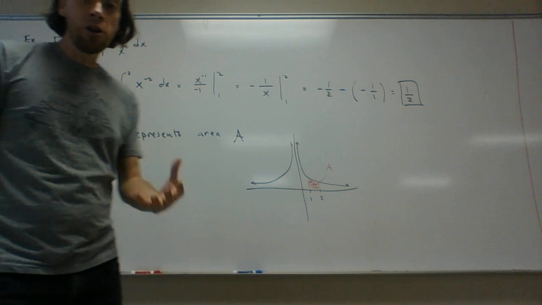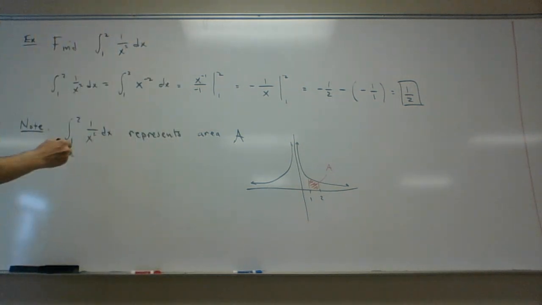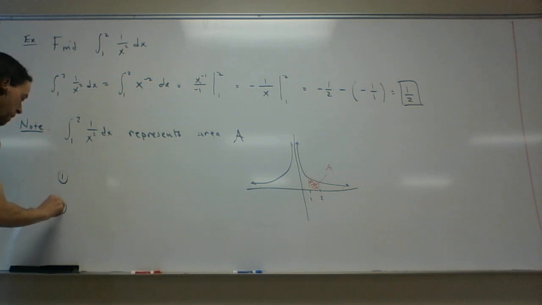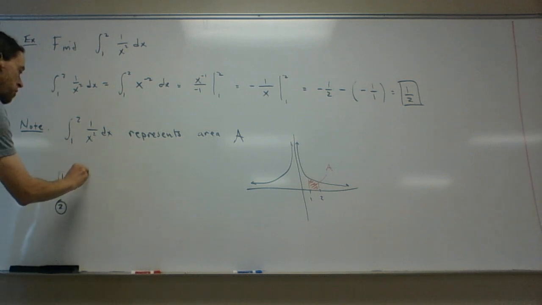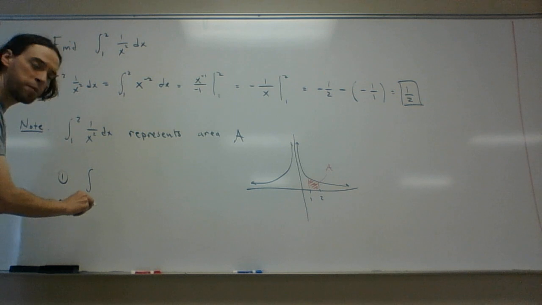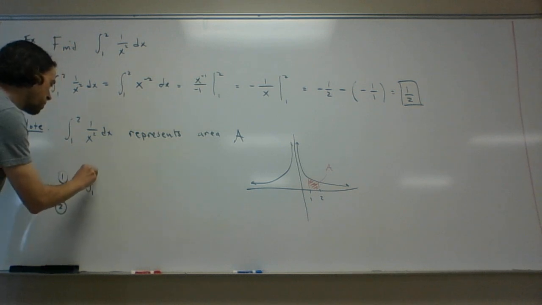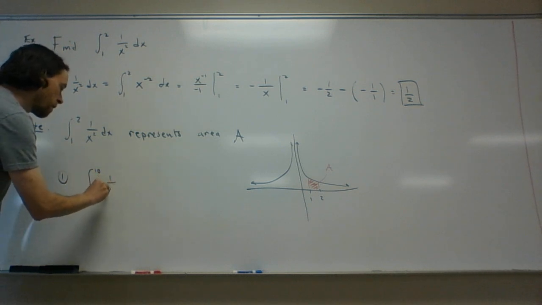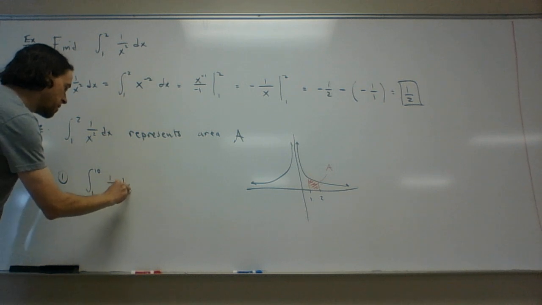What I'd like for you to do now is to do 2 more problems. I'd like for you to do this same problem, except make it the integral from 1 to 10, 1 over x squared dx.